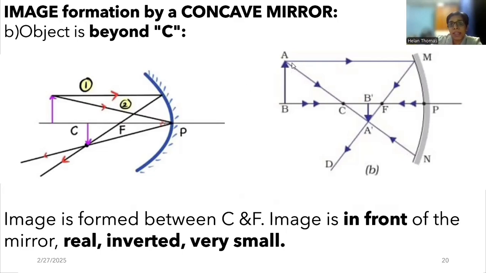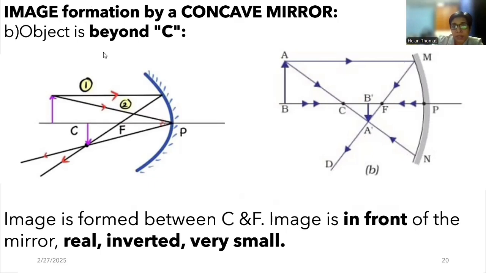Here, the parallel ray that falls onto the concave mirror from the object will follow the law of reflection. Here will be the normal, the angle of incidence and the angle of reflection are equal, so the ray passes through the focus and goes on. Then for the next ray, we are choosing the ray that is passing through the center of curvature.